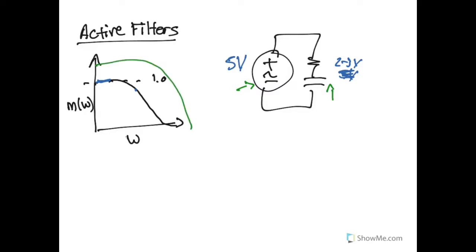So if some circuit wanted to have a value of 3 up here, such that if I put in 5 volts, maybe I get out 15 volts, we're going to need additional components to provide that amplification. And as we've seen in our circuits, the main component that we use to provide amplification are op amps.